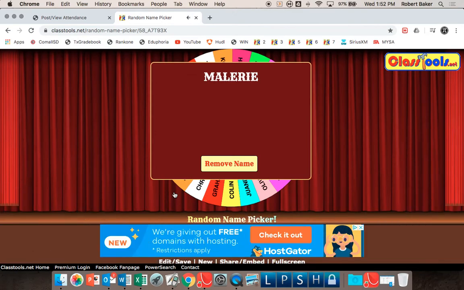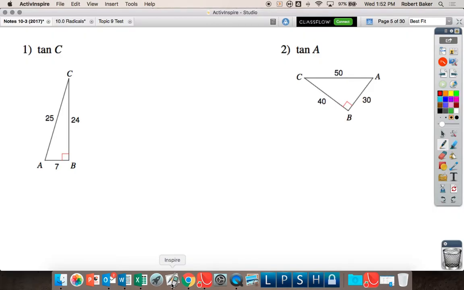Mallory! We're trying to do the tangent of C. So you right under the bus you go. What is tangent? Tangent is opposite over adjacent.